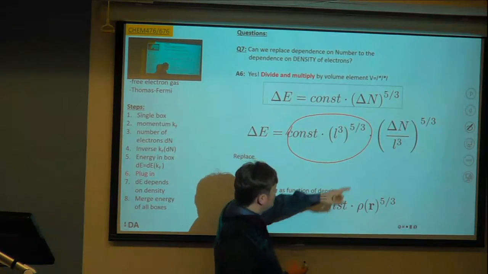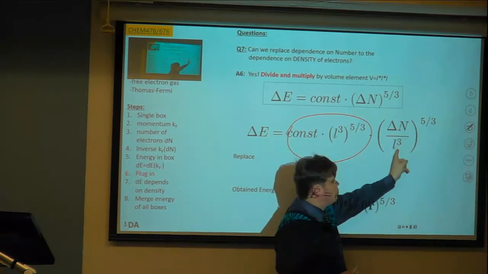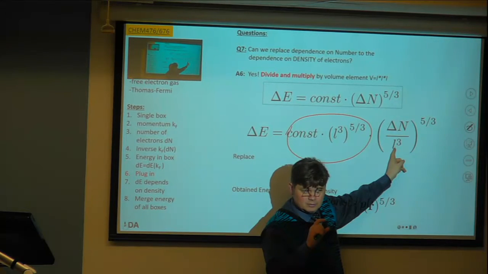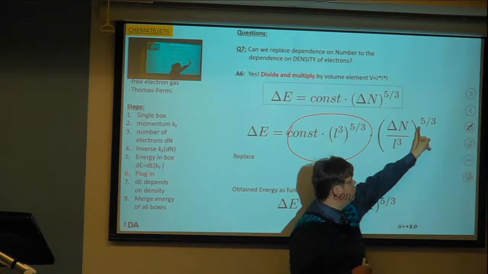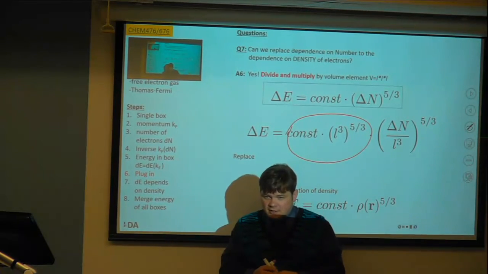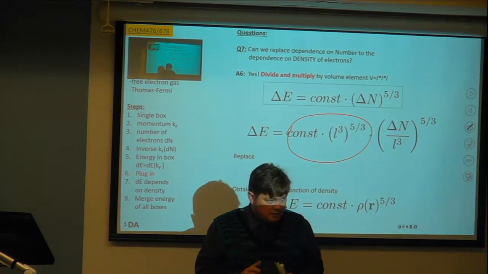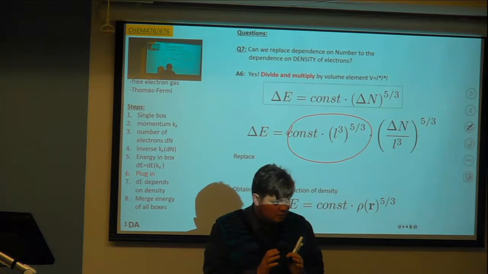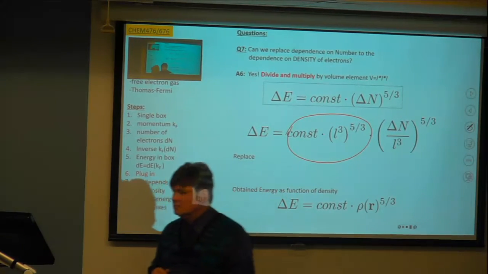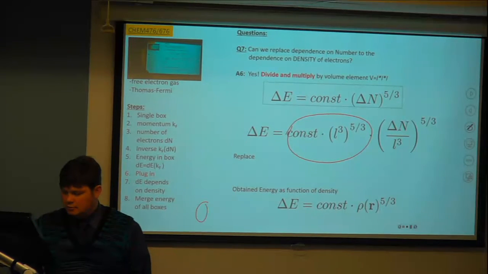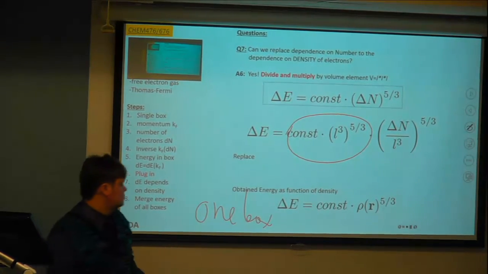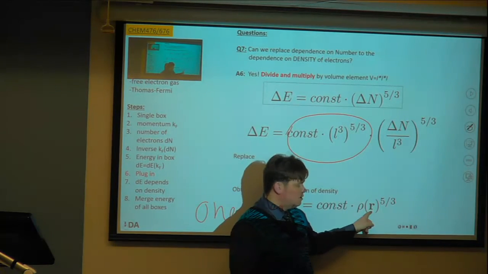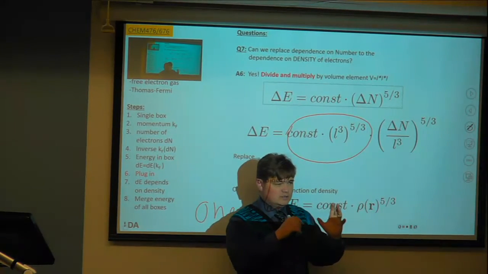So, number of electrons per unit volume is density of electrons. So, density of electrons to the power 5/3 is energy of one box, right? So, energy of one box. And R is position, like where our box is located.